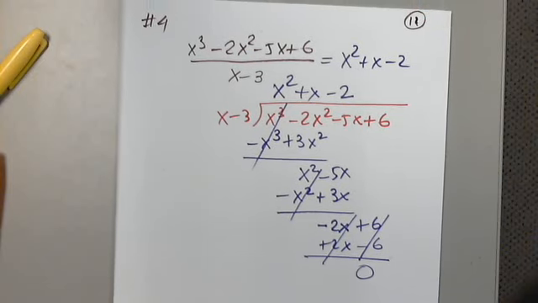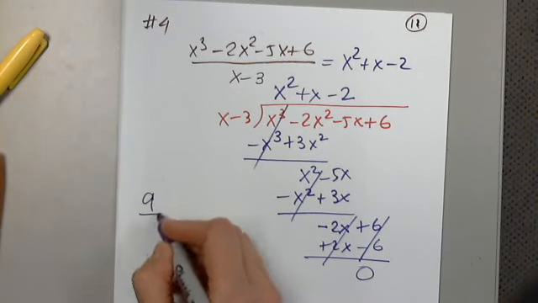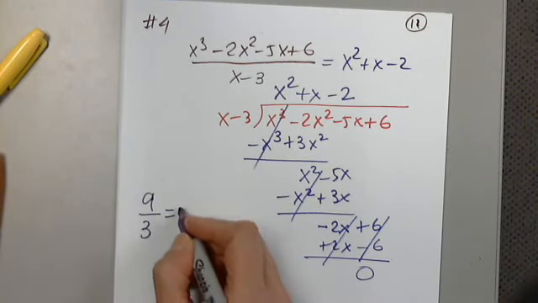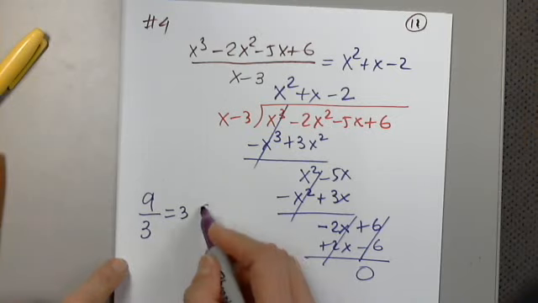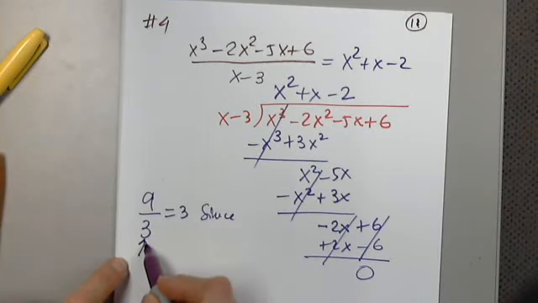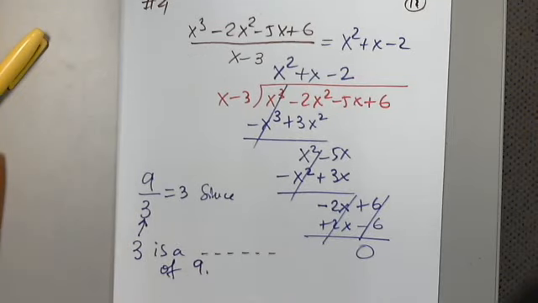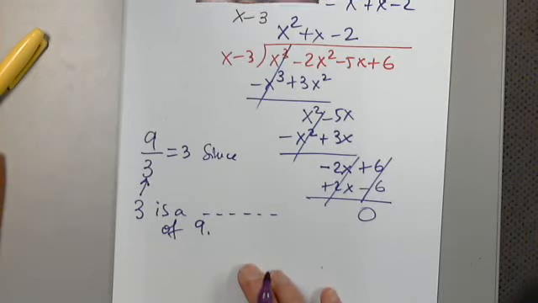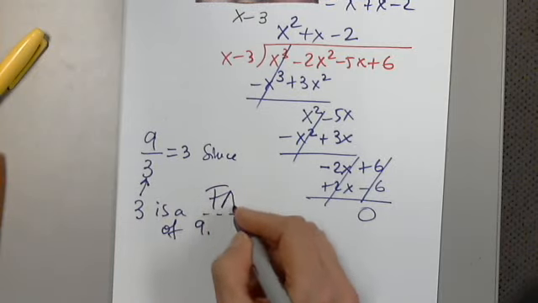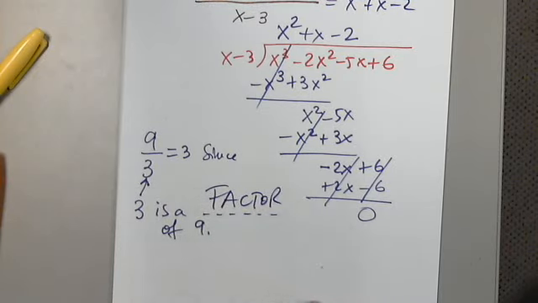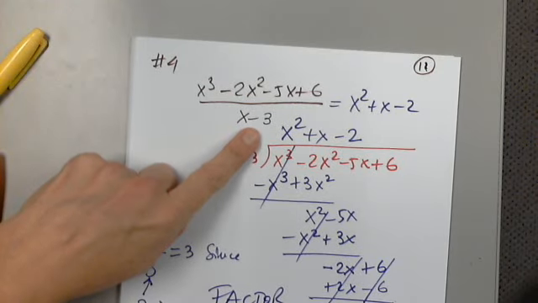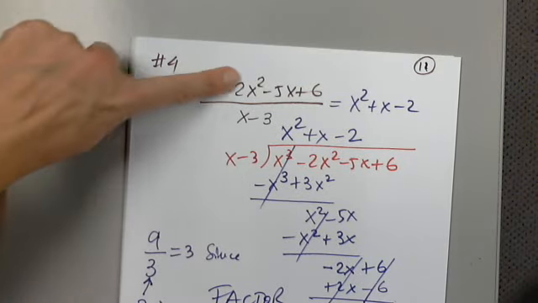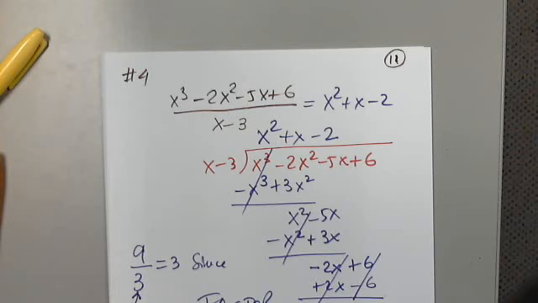So here's a question I have for you. 9 divided by 3 is 3. And then I will say, since this number, 3, is a factor of 9, in that case, what can you say about x minus 3 for this polynomial?